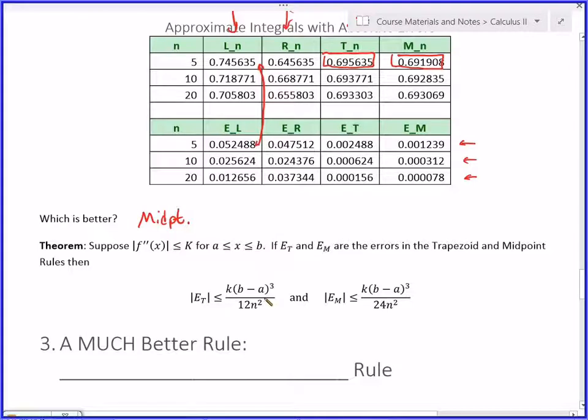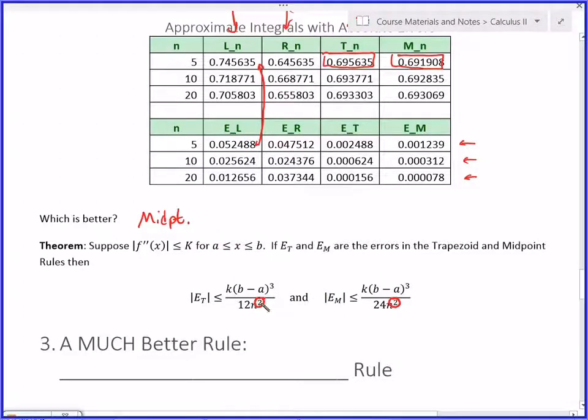And the key parameter is right there. Both of these have what's called a 1 over n squared approximation order.